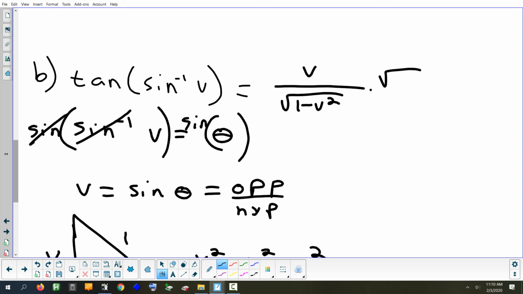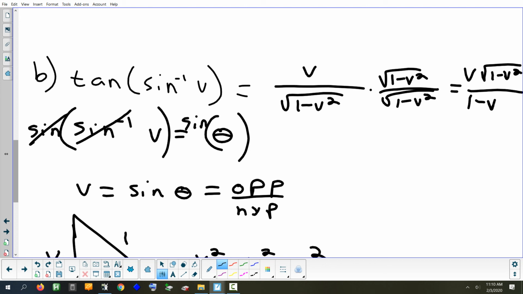We multiply top and bottom by whatever's in the bottom. And then that gives you v times the square root of 1 minus v squared. Not much you can really do with that. And in the bottom, the square roots cancel, and you just have 1 minus v squared.